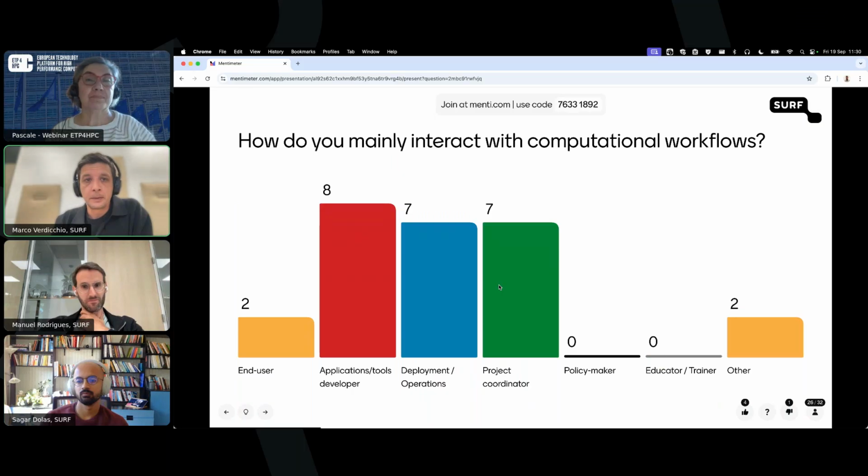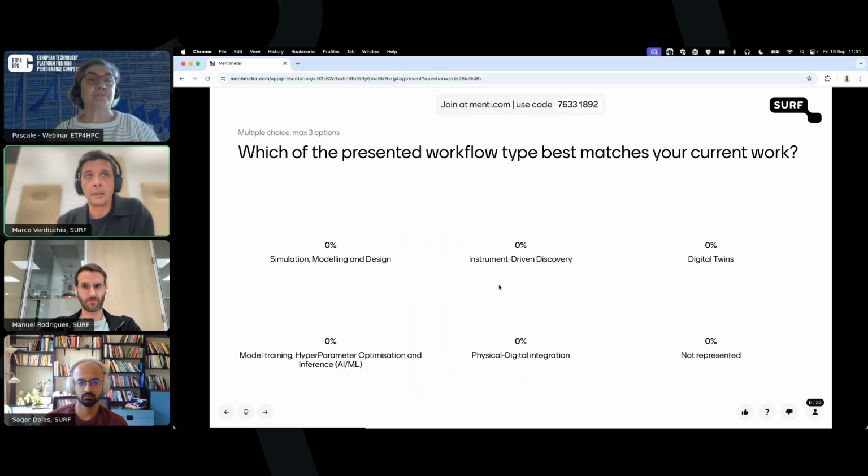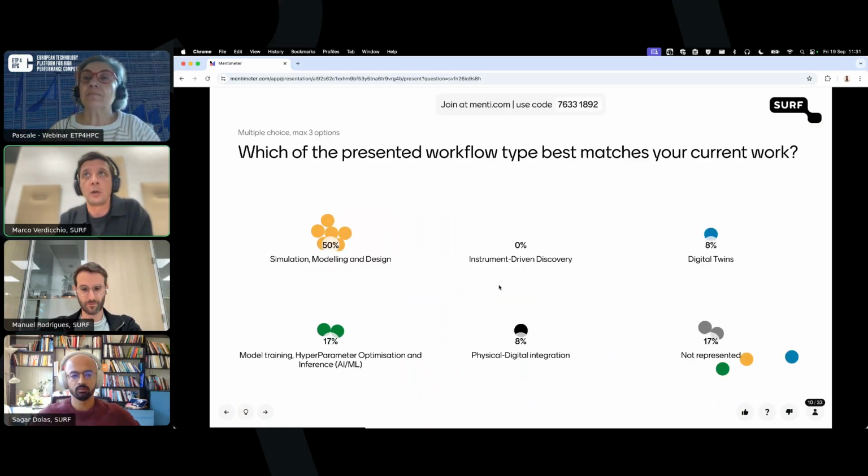Thanks for the feedback. We can move on to the following questions, which are more specifically about characterizing the applications and workflows that you work with. If you remember the different applications we characterized, these are reported here, and we are asking which of the workflows we identified really match your current work.